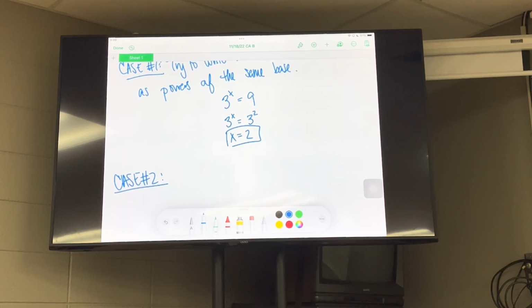Okay. Whenever we first started logarithmic functions, if you guys recall, I said well, the reason that we need these is for those instances where you can't get the same base.